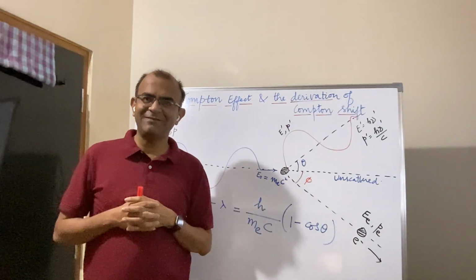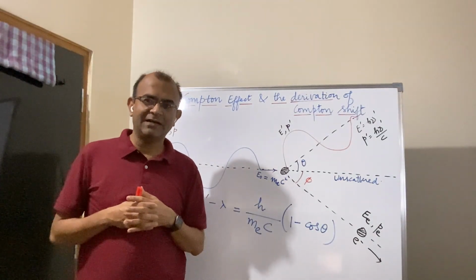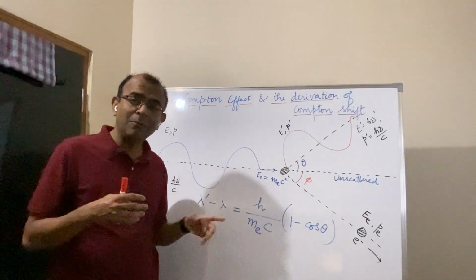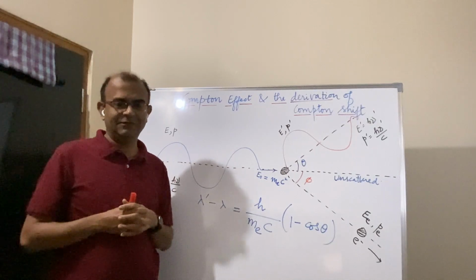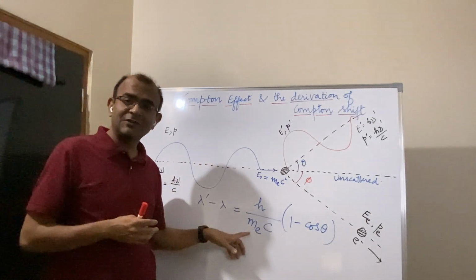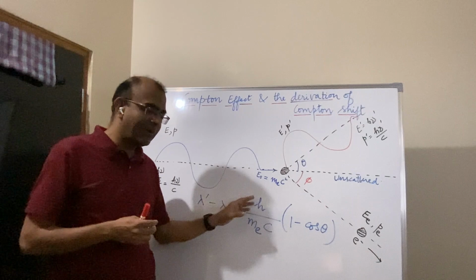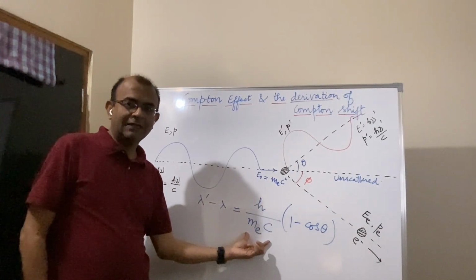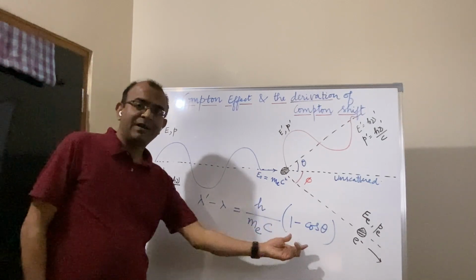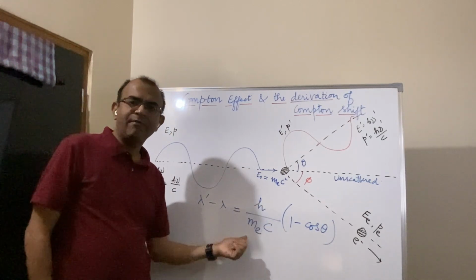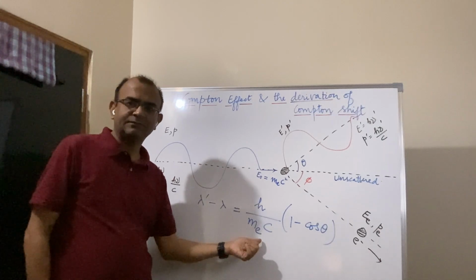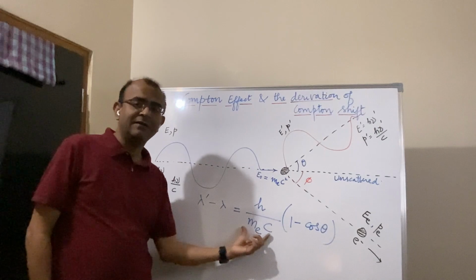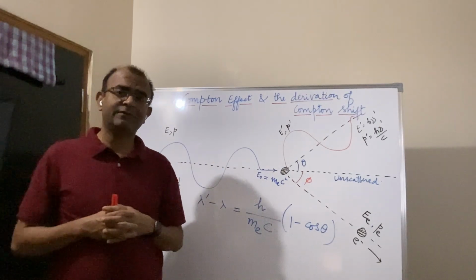By the end of this derivation, it will become clear what is Compton shift and what is Compton wavelength of the electron. The Compton wavelength of the electron is given by the term at the front of 1 minus cos theta, that is h over m_e c. This particular factor is called the Compton wavelength of the electron.